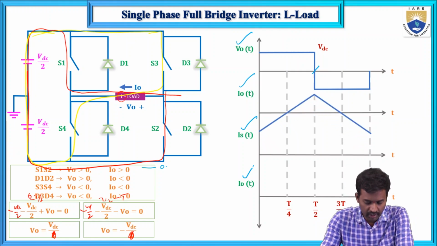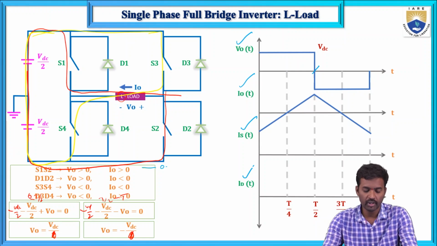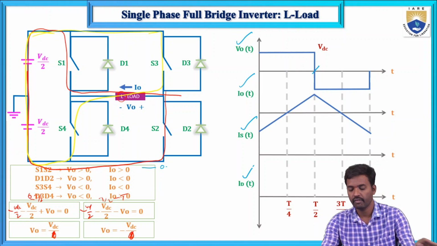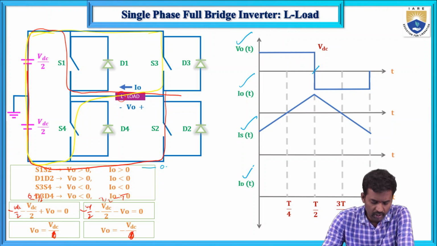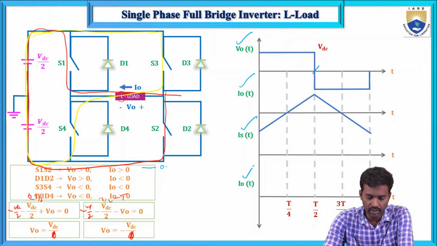Here, when S1 will be positive and S2 will be, when V naught is positive, when I naught is positive, that I will explain. So first, during S1 and S2 positive, S1 will conduct. This is a positive voltage, but here the current is opposite to this one.